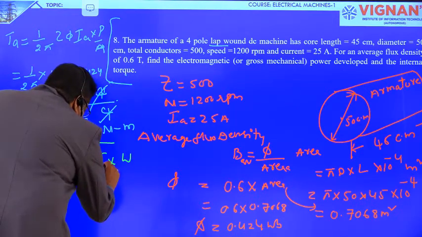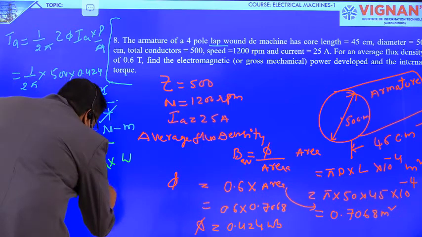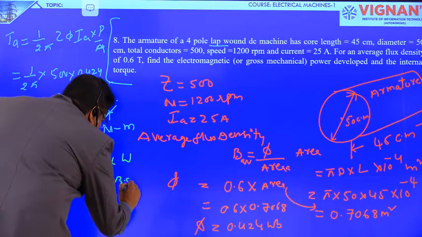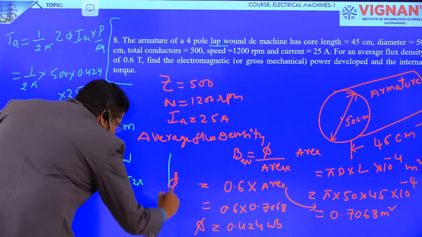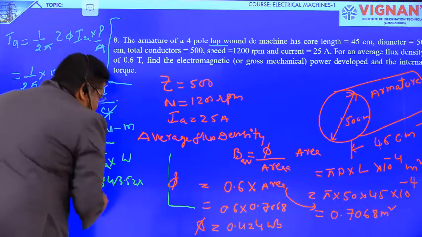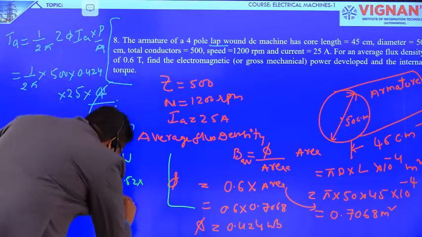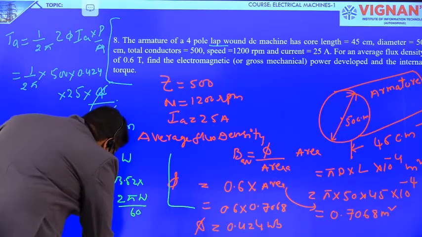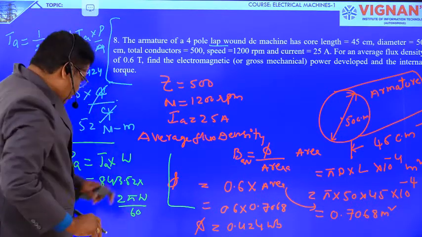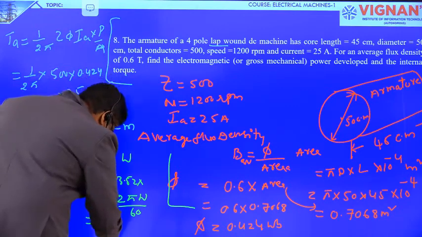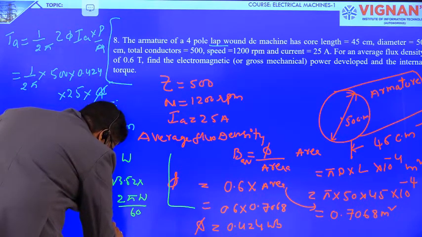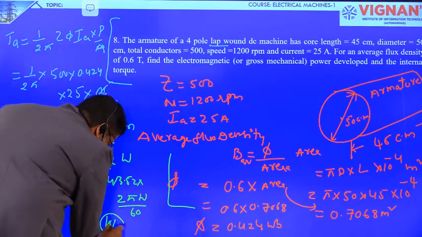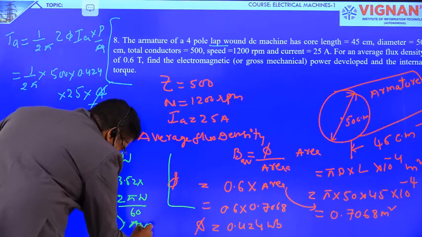We know the value of Ta, that is 843.52, into omega, nothing but 2 pi N by 60. You substitute all the values, you are getting the answer in watts. That you have to work out.